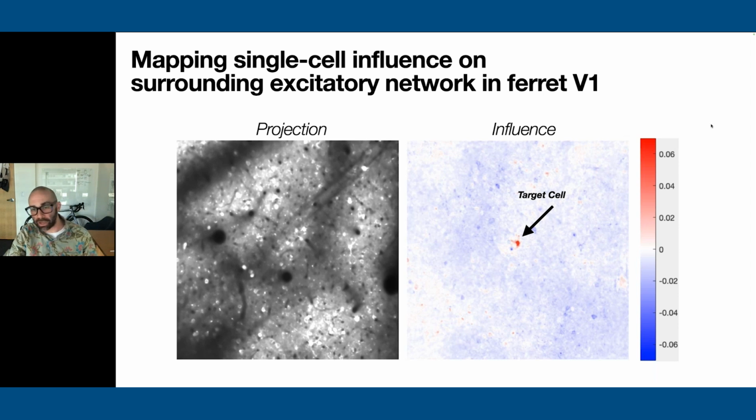You can see we've got very nice, dense expression across the entire field of view. And the single target cell in the center that we've chosen, you see that it's nice and red, so we've got strong activation of this cell. Again, these are all excitatory neurons that we're targeting here, both with GCaMP and for photostimulation.